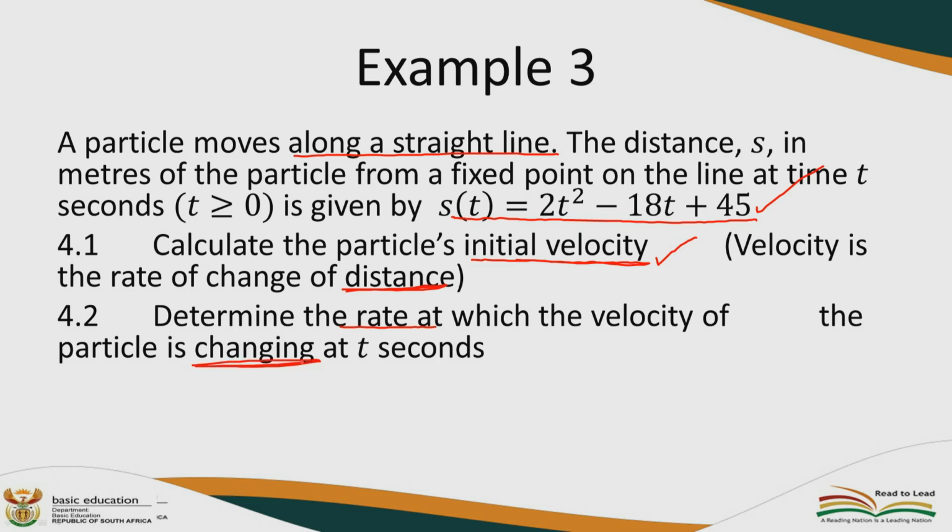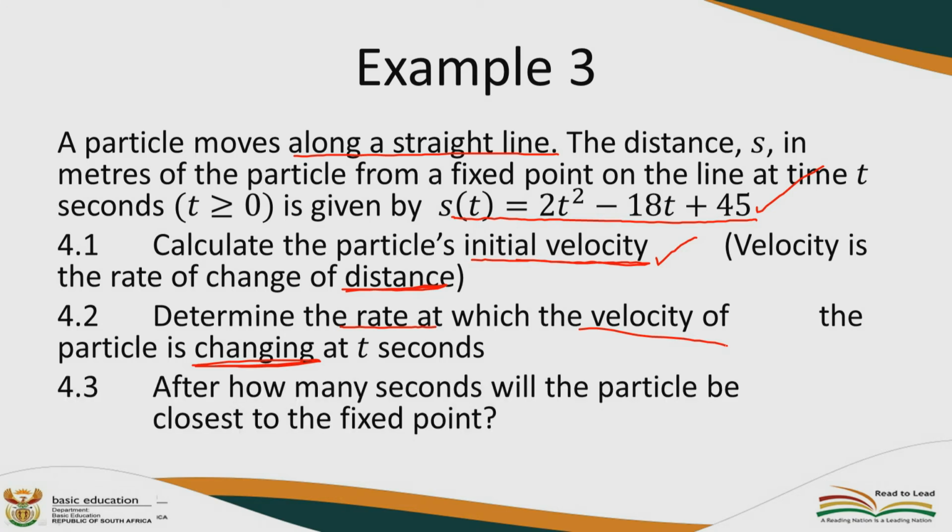So this basically means that we need to look for the derivative of velocity. Now, what is the derivative of velocity? The derivative of velocity is acceleration. So in other words, in this question, they are asking us to determine the acceleration of this particle at t seconds. Okay, so that's basically what we are asked to do in that question.